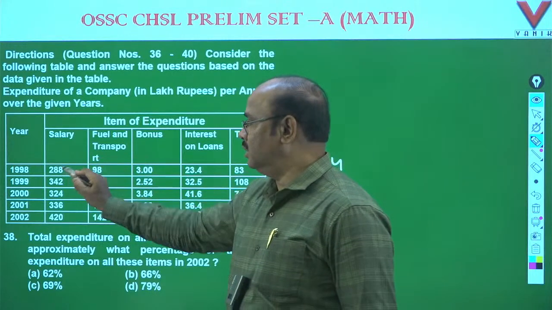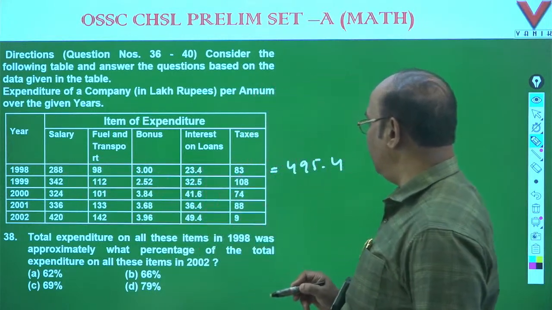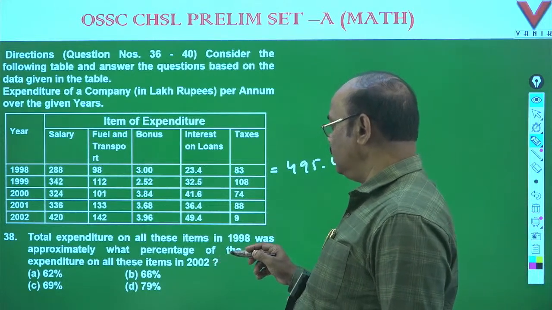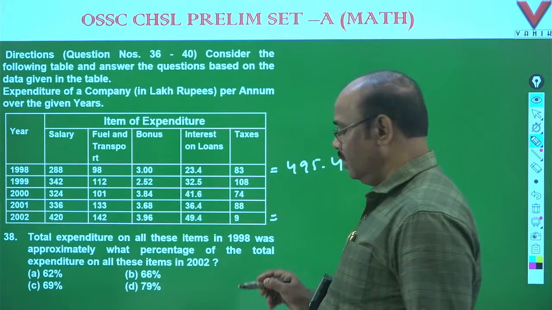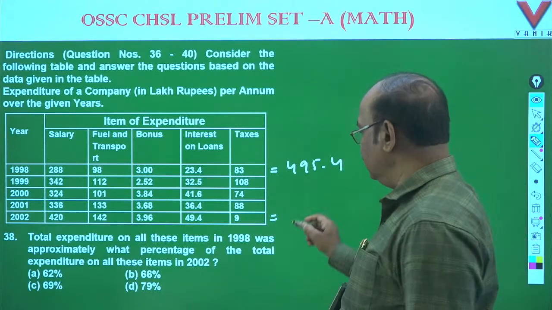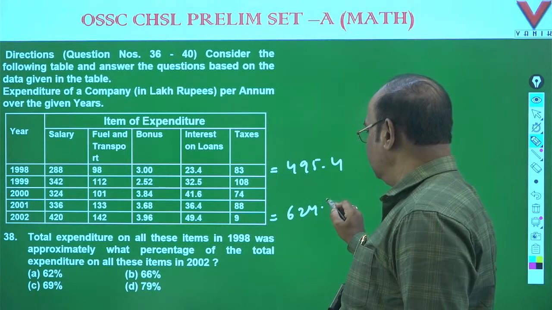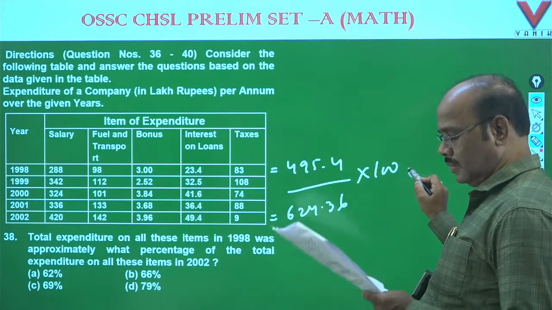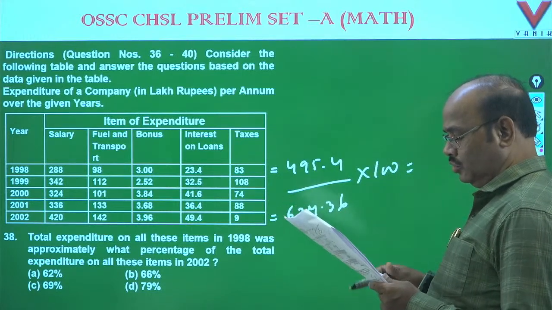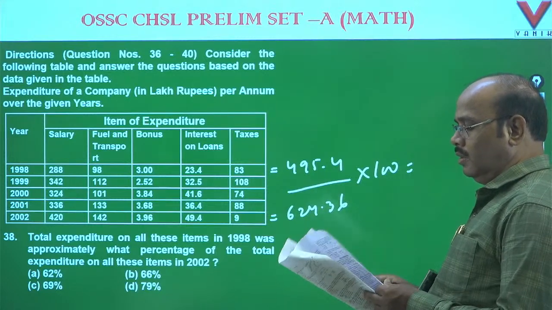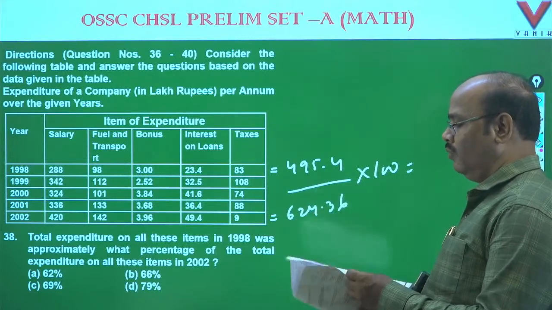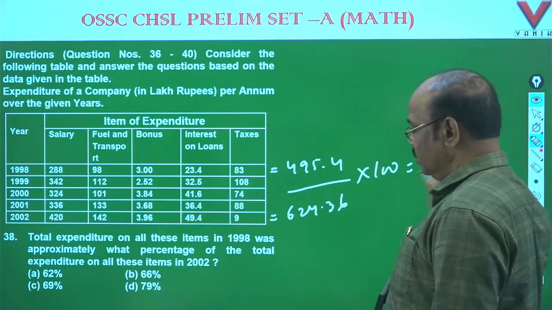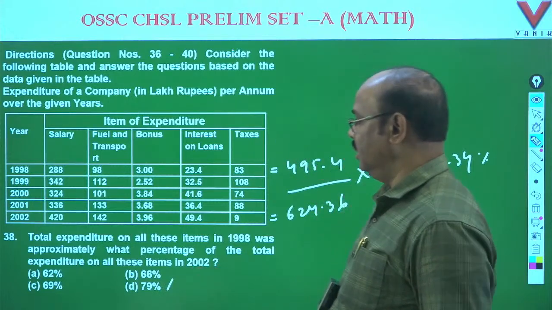This was approximately what percentage of the total expenditure on all items in 2002, which is 624.36? Percentage is this into 100, approximately 79.34, so that is close to 79%. The option is D.